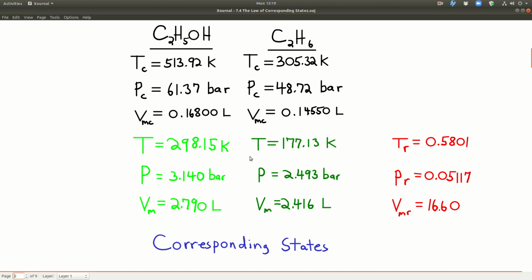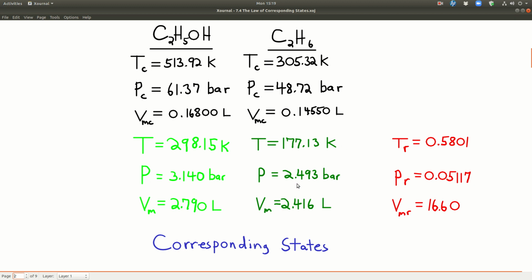So what we're saying is that the law of corresponding states says that if ethane's reduced variables are the same value, then it's going to behave in a similar manner to ethanol under these conditions. It ends up that they both have the same reduced temperature when ethane has its temperature 177.13 Kelvin, and ethanol 298.15.